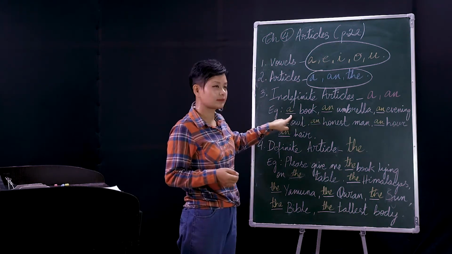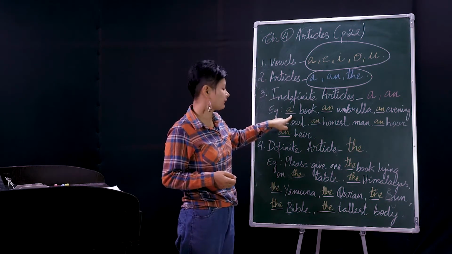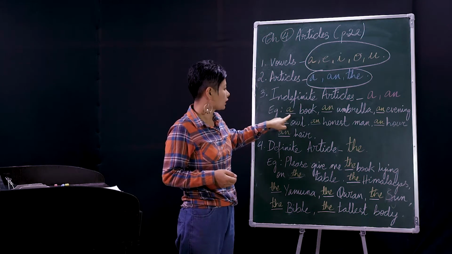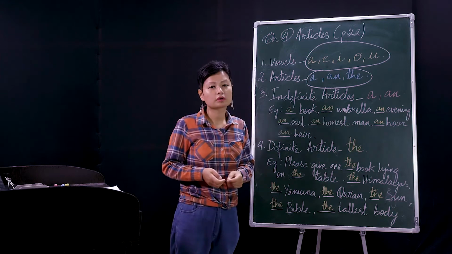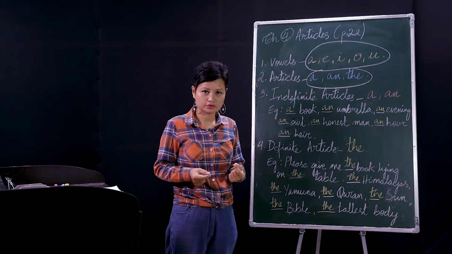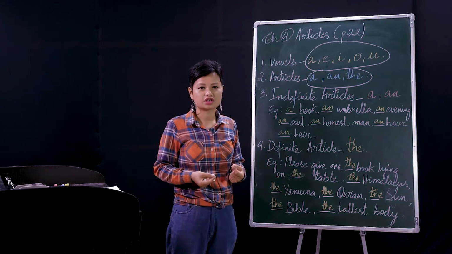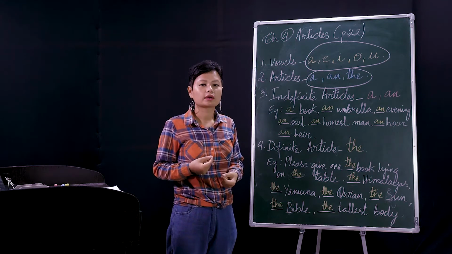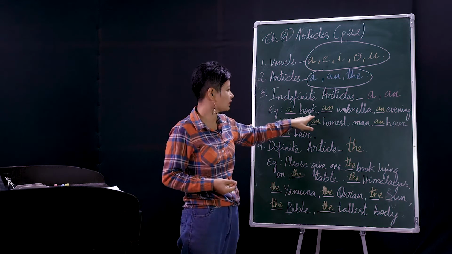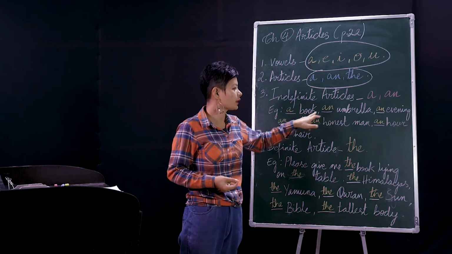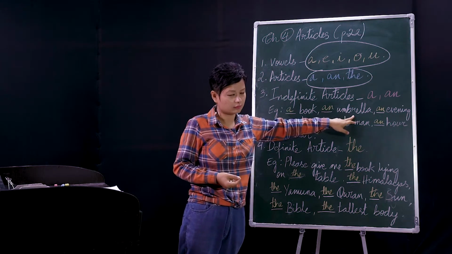So a is the indefinite article here, right? So they're saying a book or an umbrella. So we are not sure what kind of book or which book, right? But it is a general term, and we are hearing it or understanding it for the first time when the noun is introduced. The noun book and umbrella is introduced, okay?